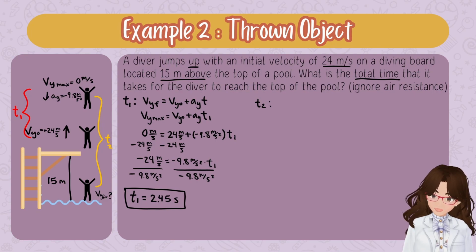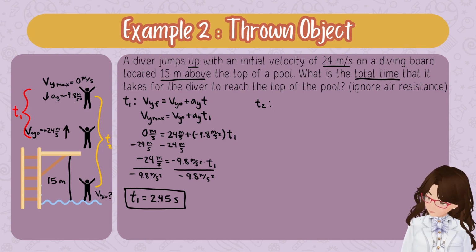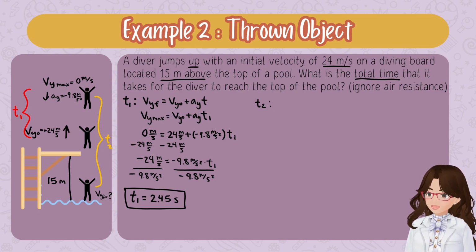We're kind of in a pickle. There's a couple ways to approach this. I think that the best way to go moving forward, though, is to go ahead and use the time T1 to determine how much vertical displacement was created by the diver in that first time period. Because if we know that, then we can know the total displacement and we can use that to solve for T2.